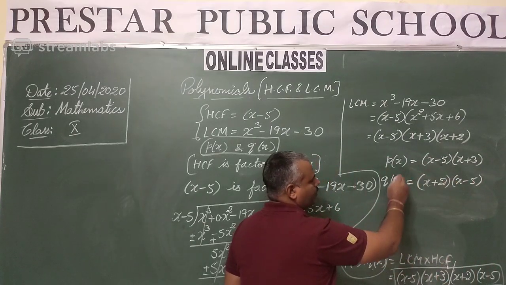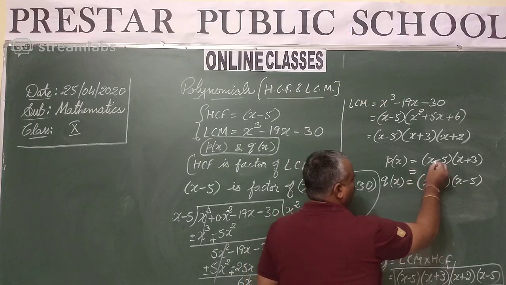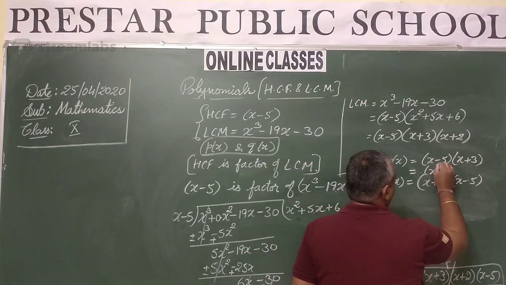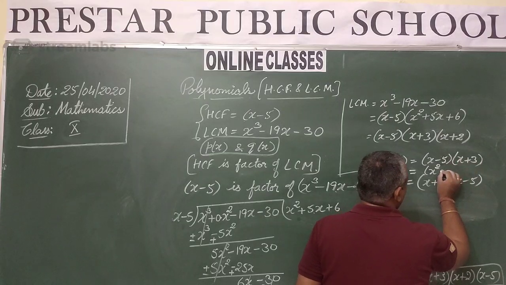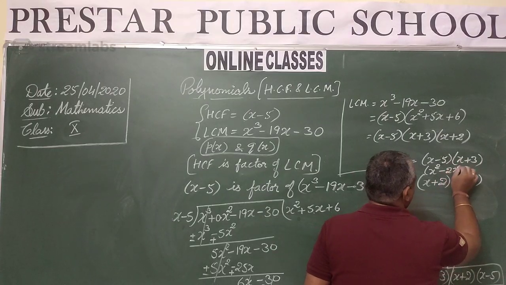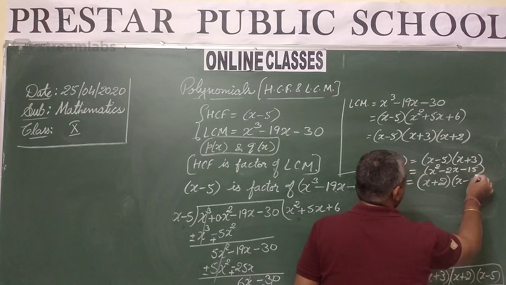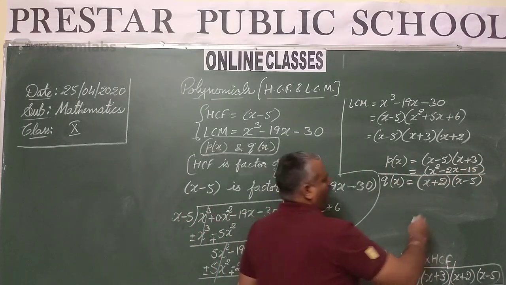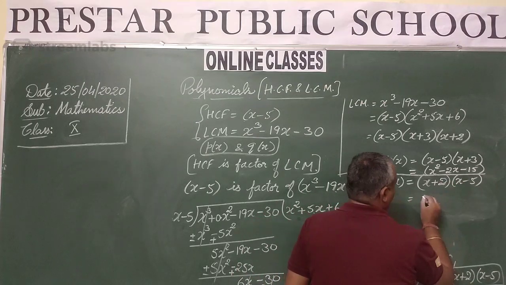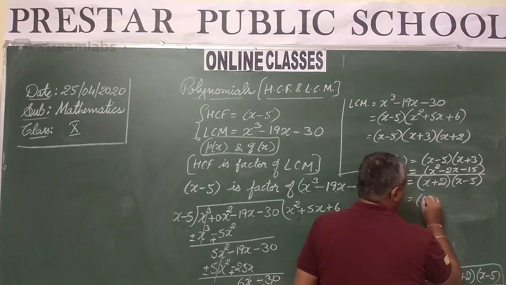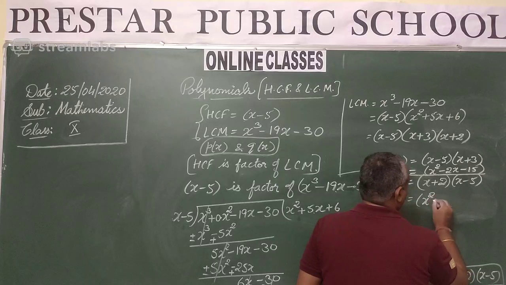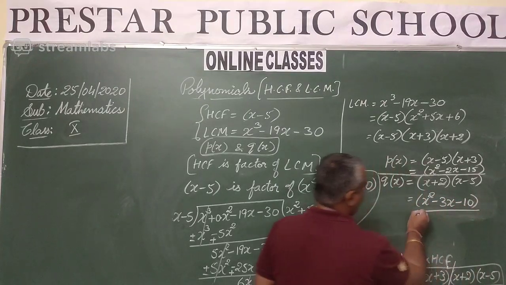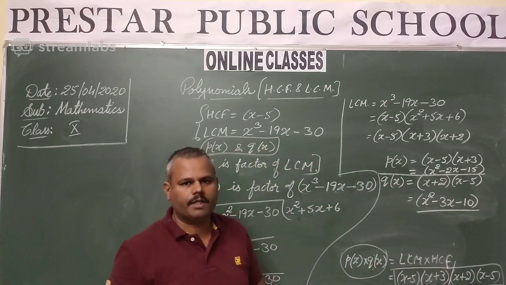Here x minus 5 multiplied by x plus 3, if you further multiply it, will be x squared minus 2x minus 15. So this is one expression, and on the other side, x plus 2 multiplied by x minus 5 gives you x squared minus 3x minus 10. So this is your second expression.